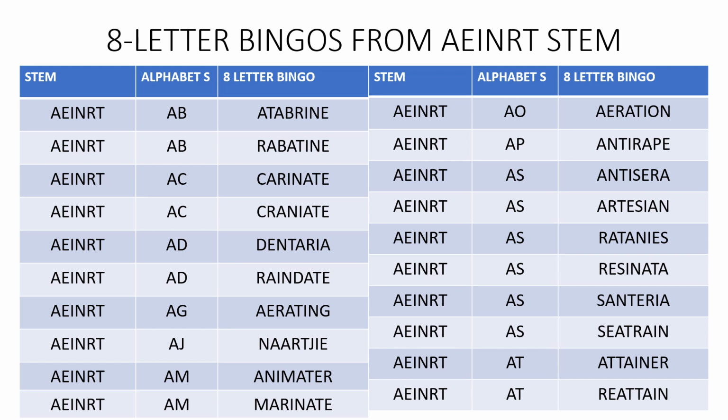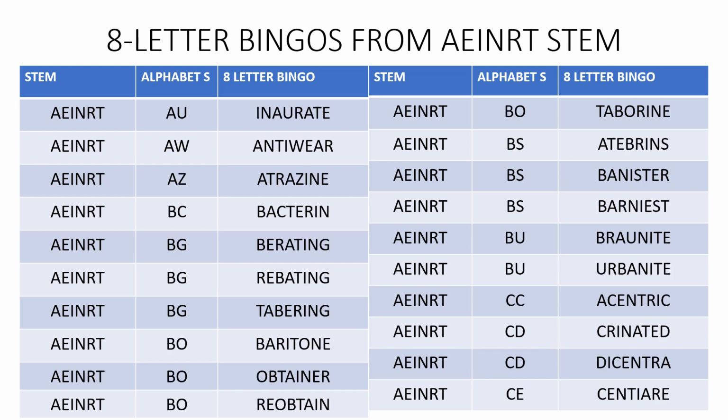Aeration, Antirape, Antisera, Artesian, Retinize, Resinata, Santeria, Sectrain, easy to remember, Attainer, Reattain, and move to the next slide. And Inorate with AU, with AW Antiwear, and with AZ Atrazine, and so on.